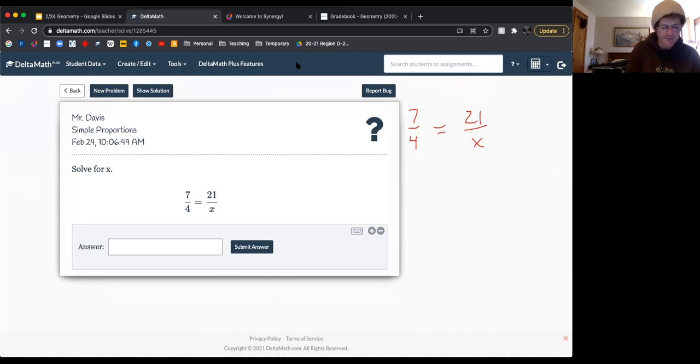And when I say that, what I mean is on the left side, I want to multiply by 4, which is really 4/1. And when I do that, these cancel out on the left. So I just get 7 by itself equals 21 times 4. You can use your calculator on that. But 21 times 4 is going to be 84. And now that's still over x.